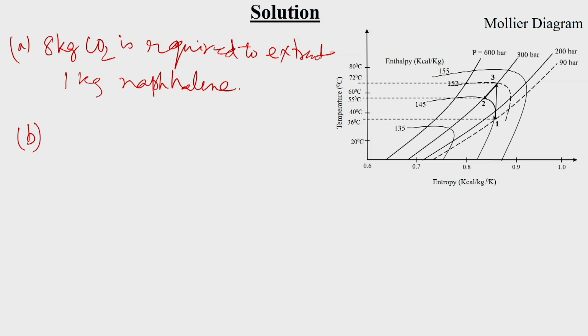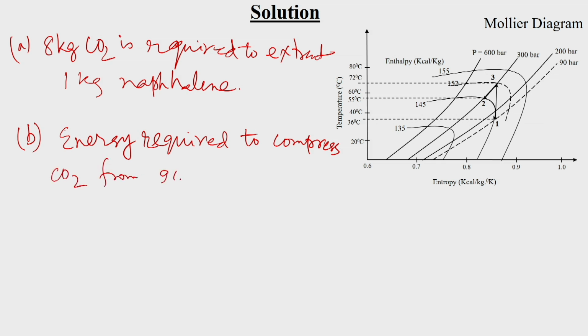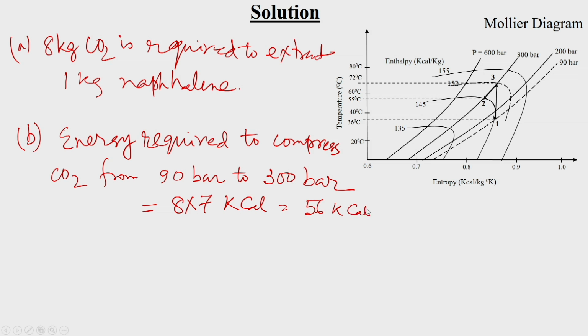We have the energy required to compress CO2 from 90 bar to 300 bar, which is equal to 8 into 7 kilocalorie, that is 56 kilocalorie.